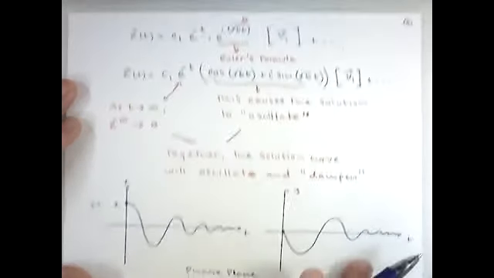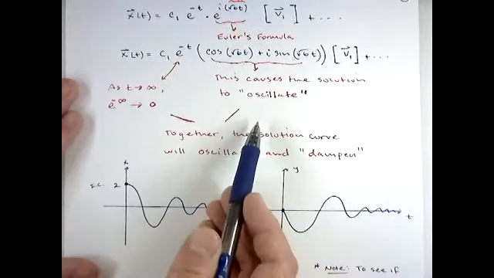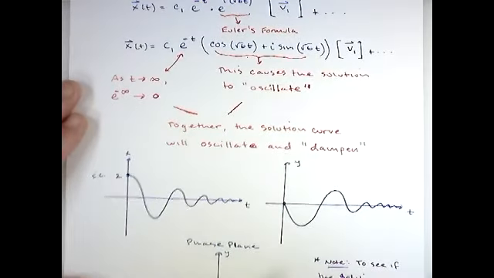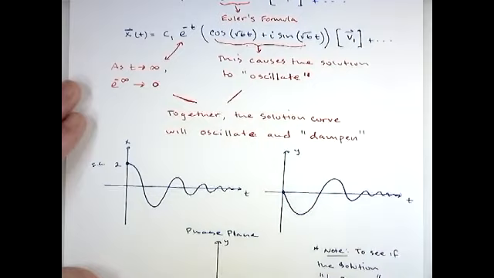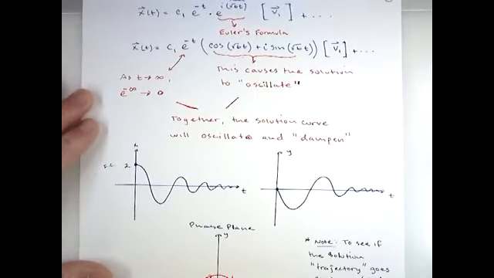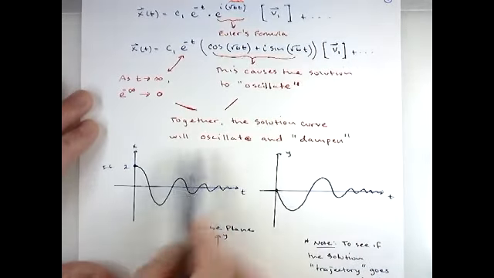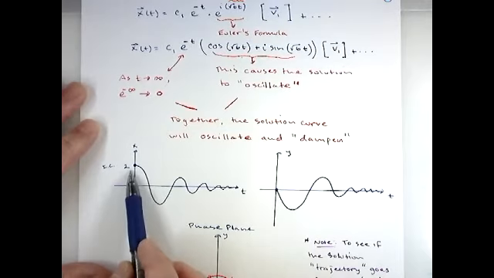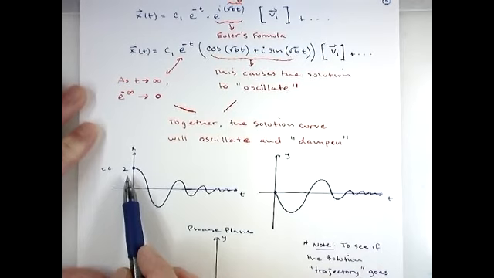Taking these things together, if my solutions oscillate and they go to 0, if I look at individual solution curves for x and y, here would be x of t, here is y of t. Remember, my initial condition was 2 for x way back at the beginning.